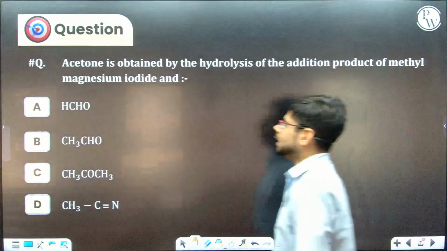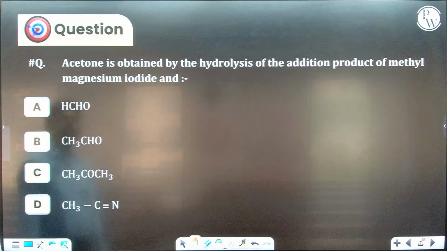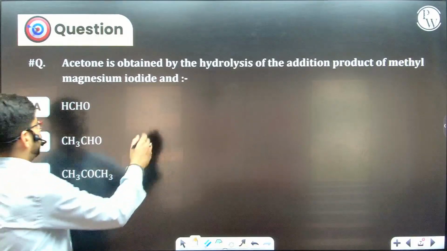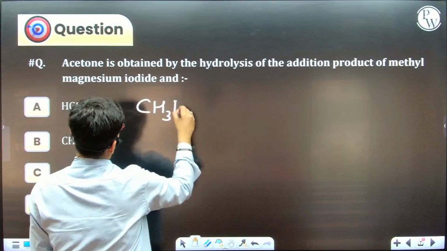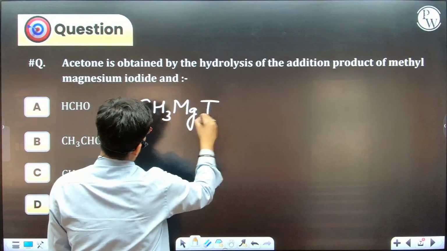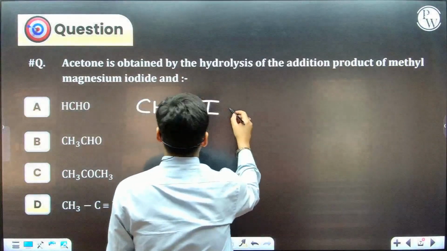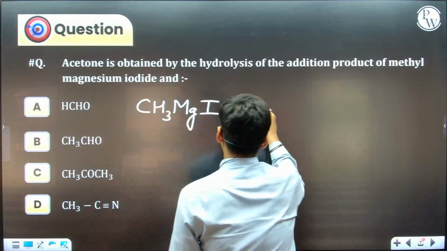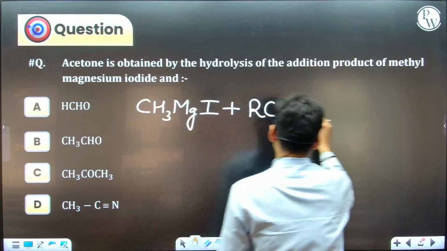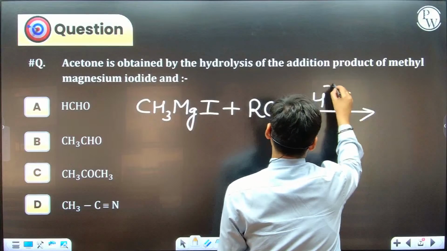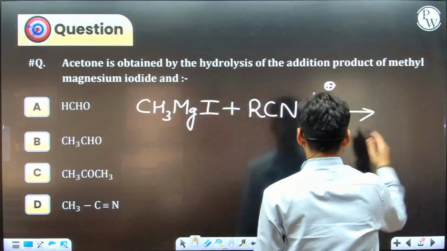Okay, next question. Acetone is obtained by the hydrolysis of the addition product of methyl magnesium iodide and similar question. See, what is methyl magnesium iodide? This is methyl magnesium iodide. And if I treat this with a nitrile in acidic medium, just now we discussed that if a Grignard reagent is treated with a nitrile in acidic medium, we get a ketone.